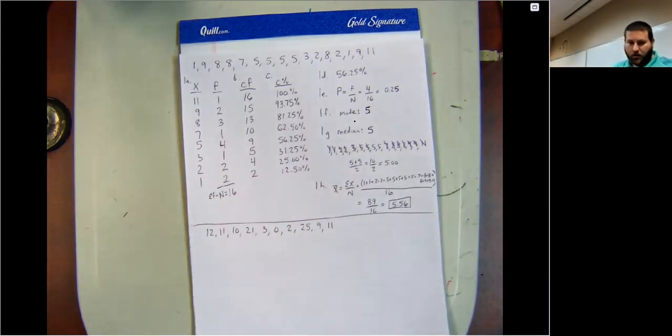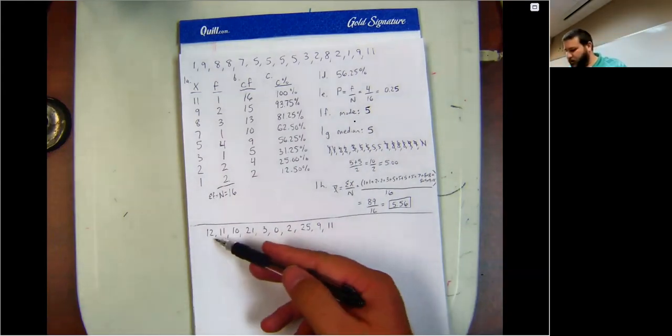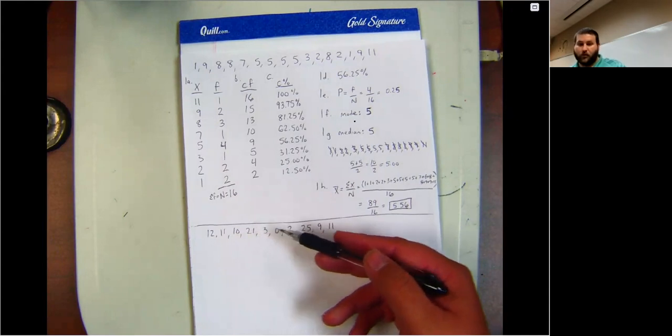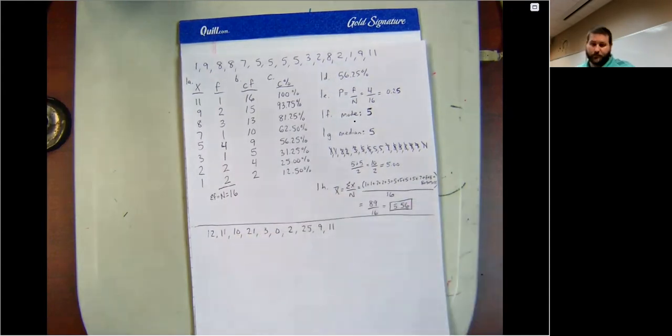So there are the number of mistakes made by these people in 2 minutes when they counted backwards by threes from 257. One person made 12 mistakes, the other 11. One person made 10, one 21. One person didn't make any mistakes, so pretty good job there.